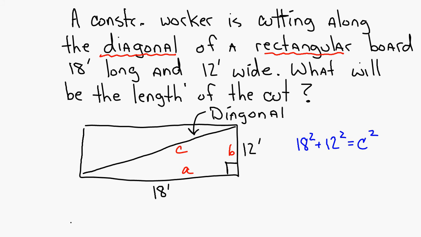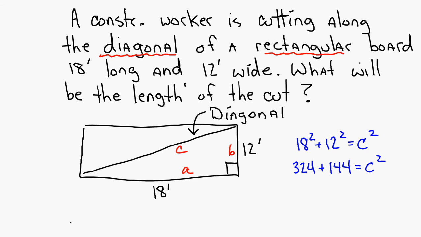So 18 and push the X squared button is 324. If you push plus 12 and the X squared button, it'll say 144. And now if you hit equals, the calculator will add those two numbers together for you, and you won't have to write them in there or type them in.